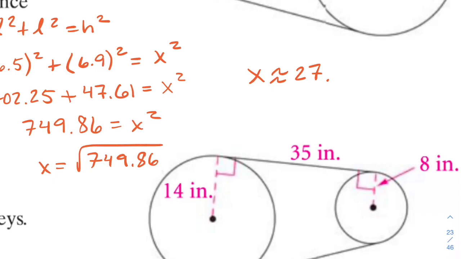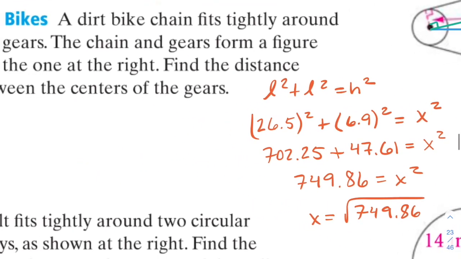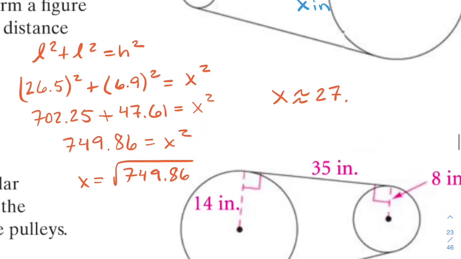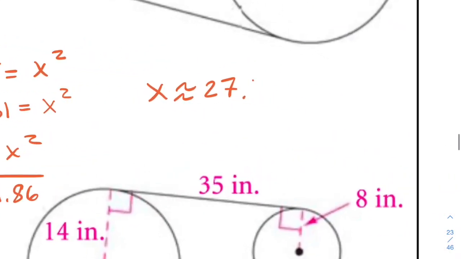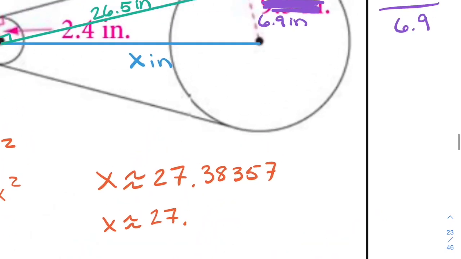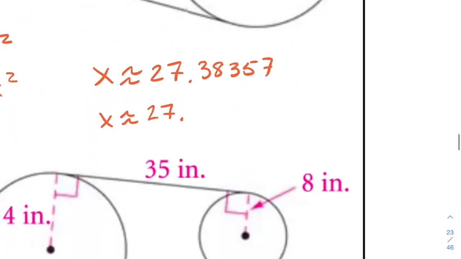Let's round it. Does it say? Find the distance between the gears. Okay, let's round it to the nearest tenth because that seems reasonable for inches, right? Or we can do hundredths. Let's just do tenths of an inch.